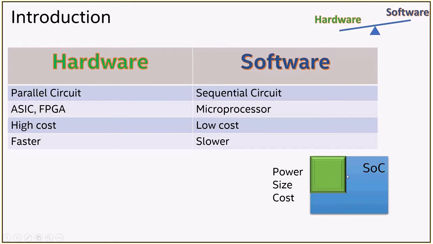If we choose the correct portion, we can reduce power, reduce the size of the final product, and reduce the cost also. So for a power efficient, smaller form factor, very cheap solution, you have to take a very smart approach.